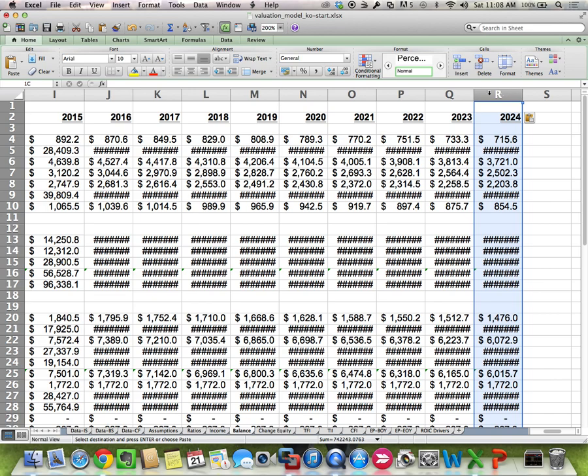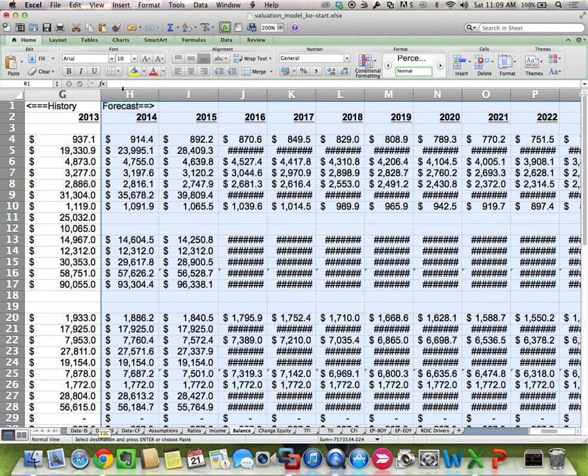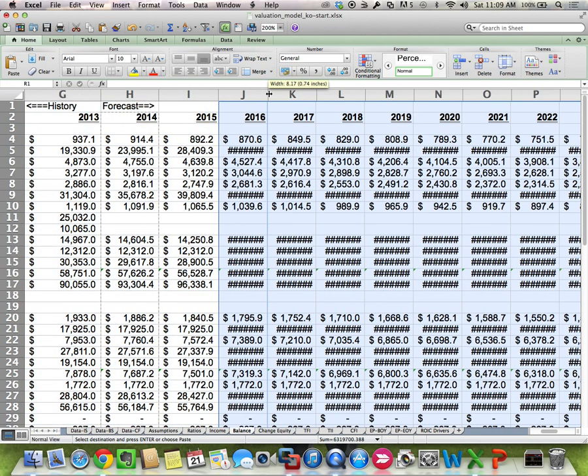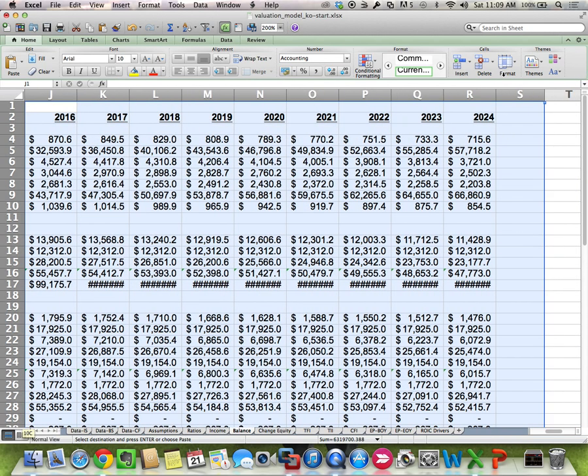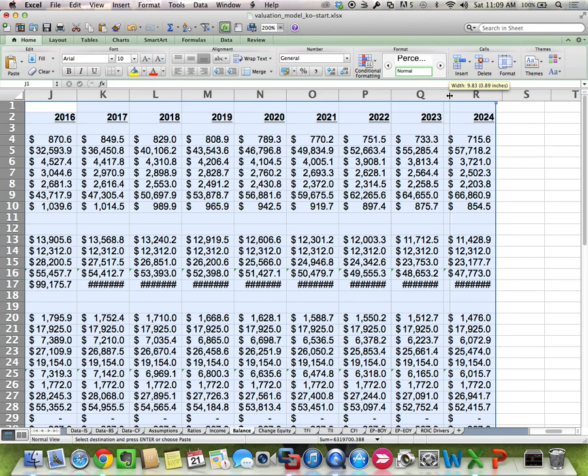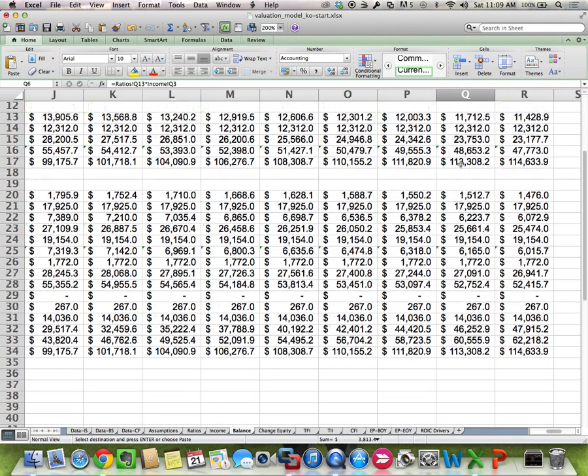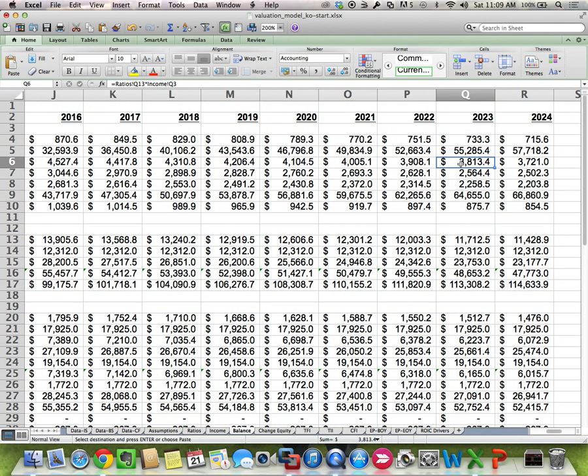And I'll make my columns a little bit wider. What I should have is balancing balance sheets all the way to 2024. So very quickly, what we've done is create a forecast for Koch's income statement and balance sheet through 2024 using the ratios.